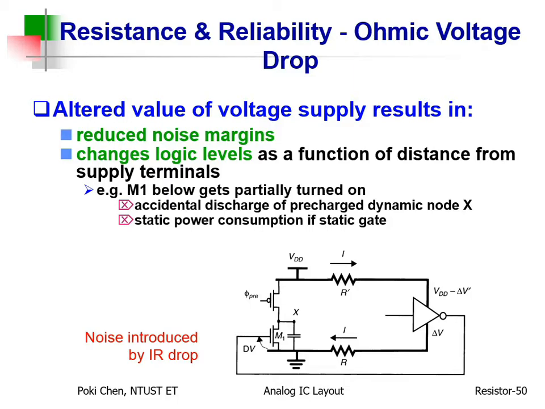Okay. On this page, I would like to explain something about IR drop. It is a very important concept. We call it IR drop. But what is IR drop? You can see that is the VDD and ground of the chip.